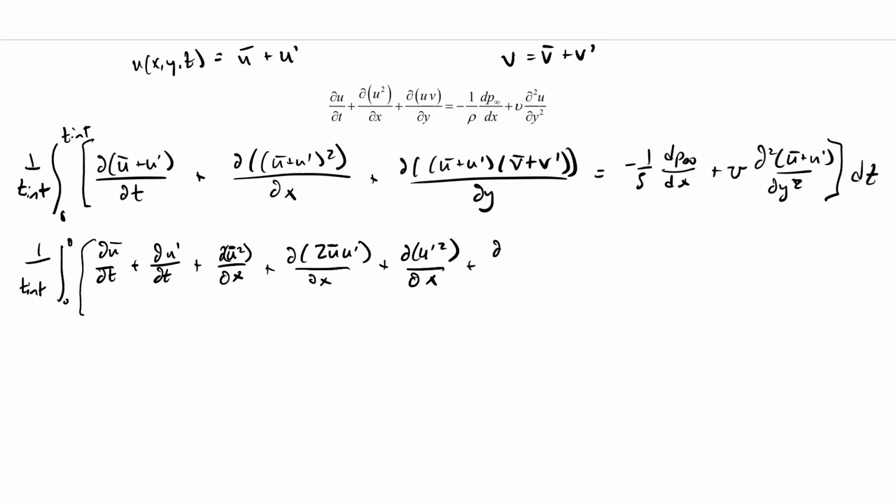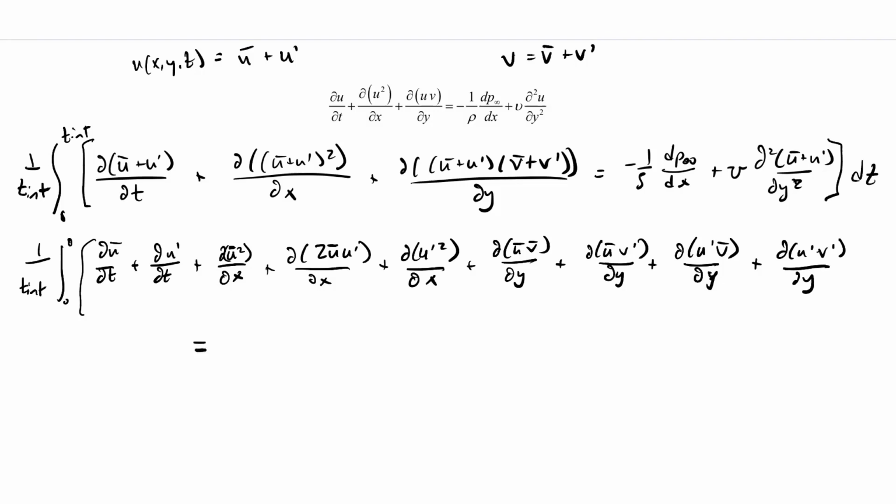And then we have d u bar v bar dy, d u bar v prime dy, d u prime v bar dy, and then d u prime v prime dy. And all of that is equal to, on the right-hand side, 1 over t int.